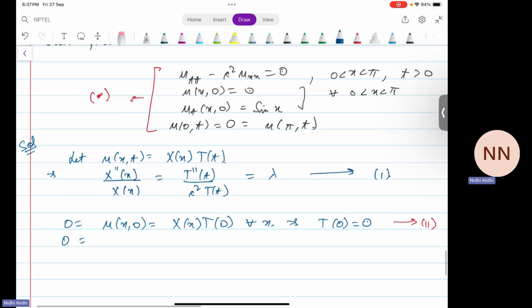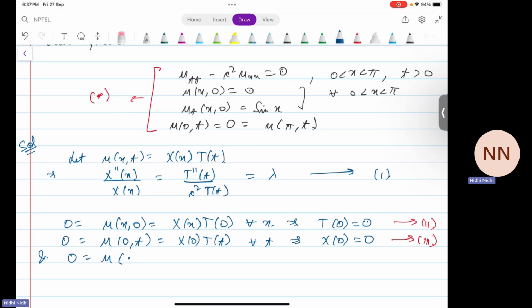Then 0 is equal to u(0,t), which is X(0)T(t) for every t. This will imply that X at 0 is 0. I'll mark it as number 3. And 0 is equal to u(pi,t), X(pi)T(t) for every t. That must imply that X at pi is equal to 0.